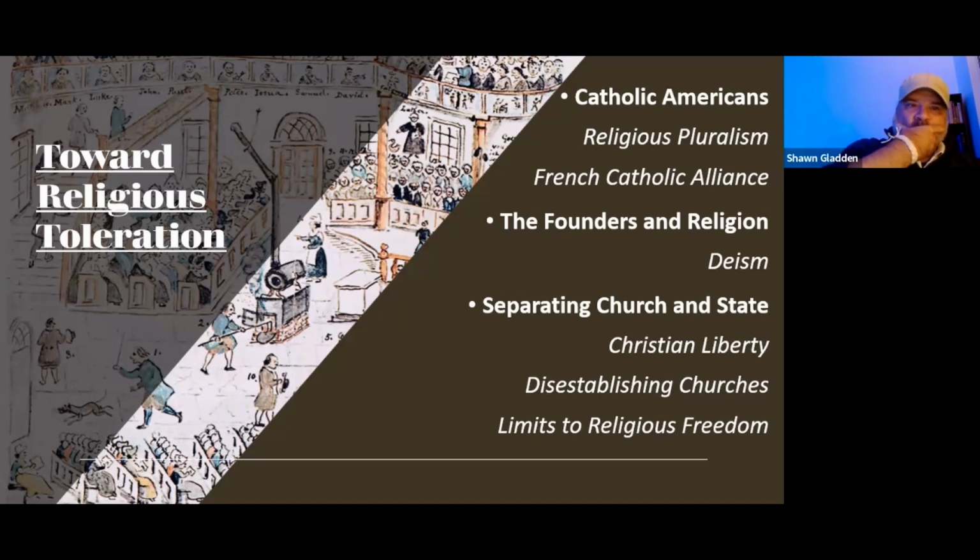Okay? Now, the most famous example of the founders' commitment to religious liberty is Thomas Jefferson's bill for establishing religious freedom in Virginia. The bill became law in 1786 and de-established the Anglican Church as the official state church of the colony, of the state, and declared that no person could be compelled to support a religious institution or suffer on account of their beliefs.